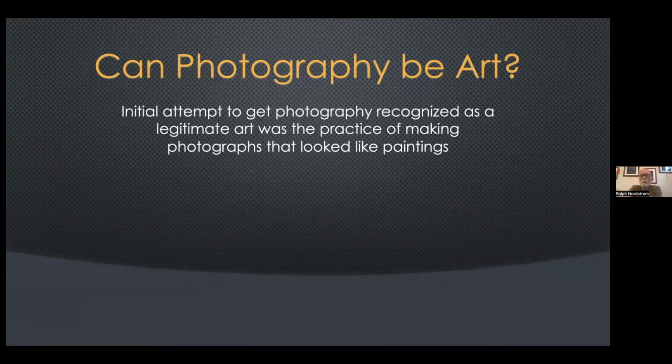But the question was still, can photography be art? The first approach was, well, if we make photographs that look like paintings, they'd have to say that they are art. And so that was the first approach.